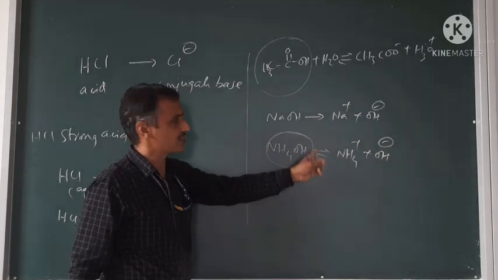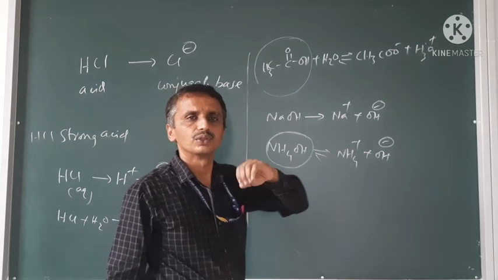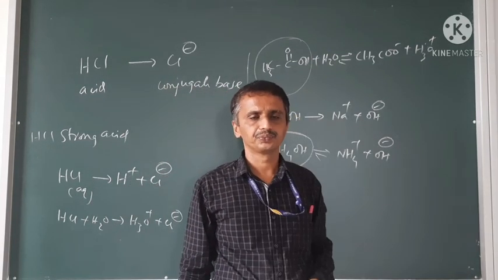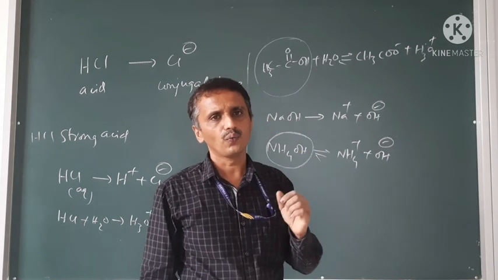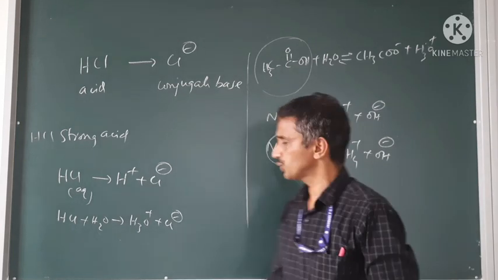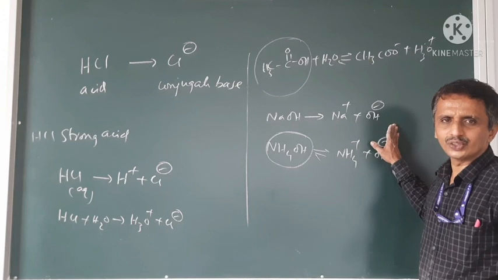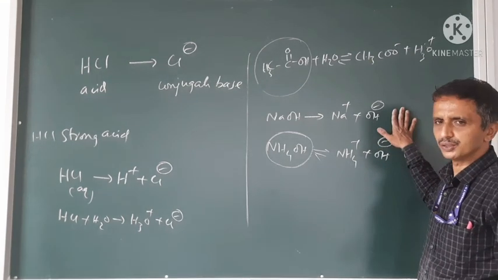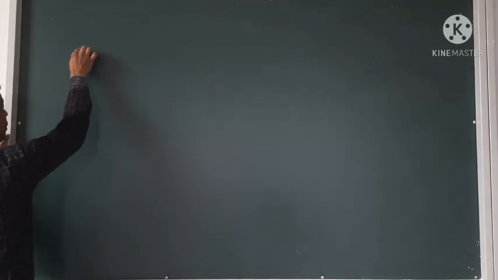So it's a weak base, whereas the other is a strong base. Strong acids and strong bases are strong electrolytes also. Weak acids or weak bases are weak electrolytes also. If the base completely ionizes in solution, it's a strong base; partially, it is a weak base.